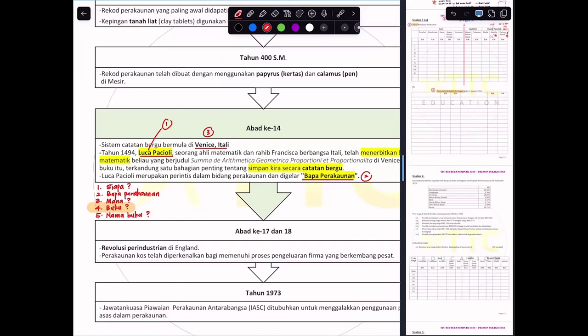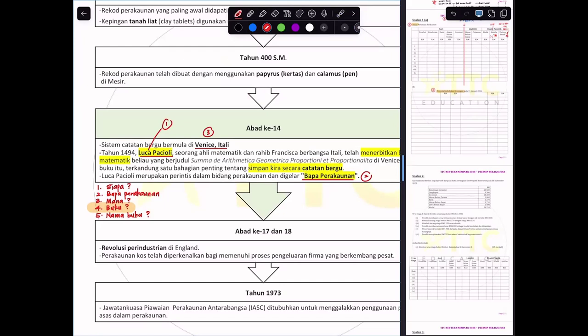This is the most important and most tricky part. How he found it? He found it from a book. And in objective questions, this is one of the most popular history questions. There will be a question asking how he found it out, with options A, B, C, D. There must be an option called buku perakaunan.